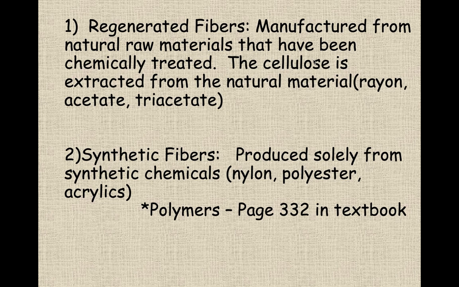It's going to be taken and chemically treated, so that cellulose is no longer a natural material. Then that mixture is forced through the spinneret to get the shape. For regenerated fibers, the most common ones would be rayon, acetate, and triacetate. Rayon is kind of like a manufactured silk. It has that shine and that silkiness to it.